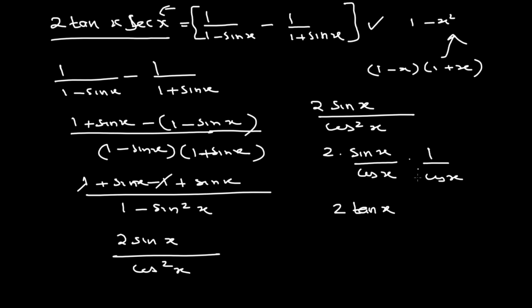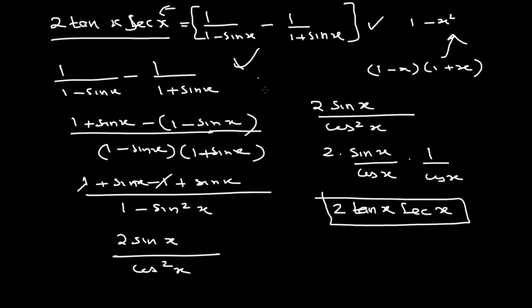And here we have sec x, because we know this is the inverse of the cosine function, the sec function, sorry. So now we have this. This is what we've obtained from the left-hand side. So we can say left-hand side is equal to right-hand side. So we've proved our identity.